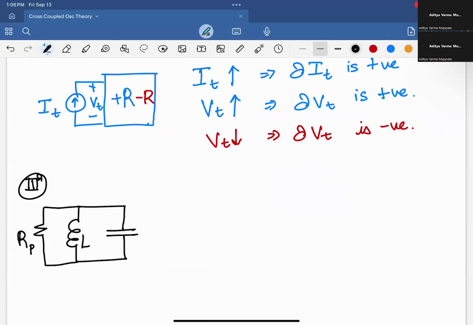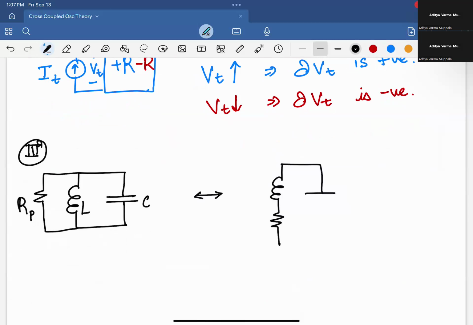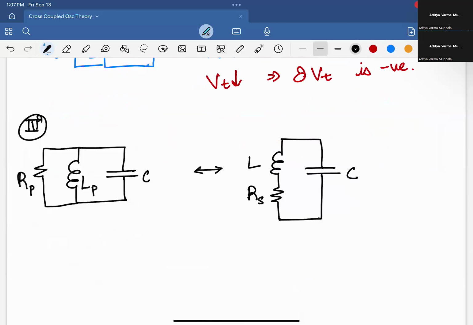So what exactly is this RP, right? In reality, this inductor is the one that has a resistance, and that resistance actually is in series, right? So in reality, this is something like this, and we have an R series here, right? I'll actually call this RP, and C can be C, doesn't matter, and LS, right? So this is the real model.